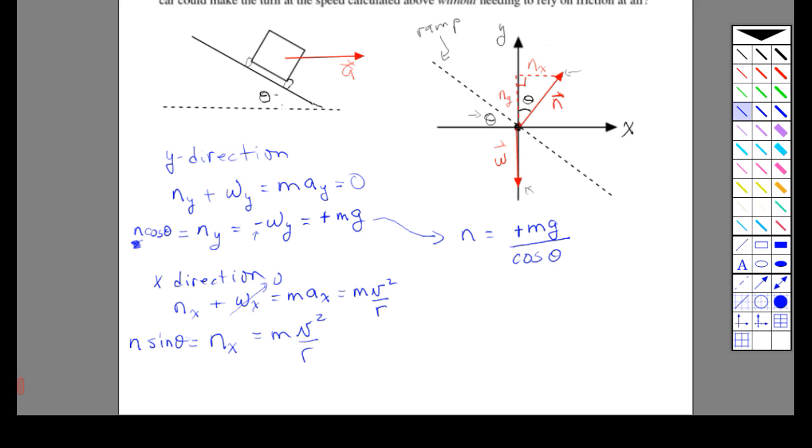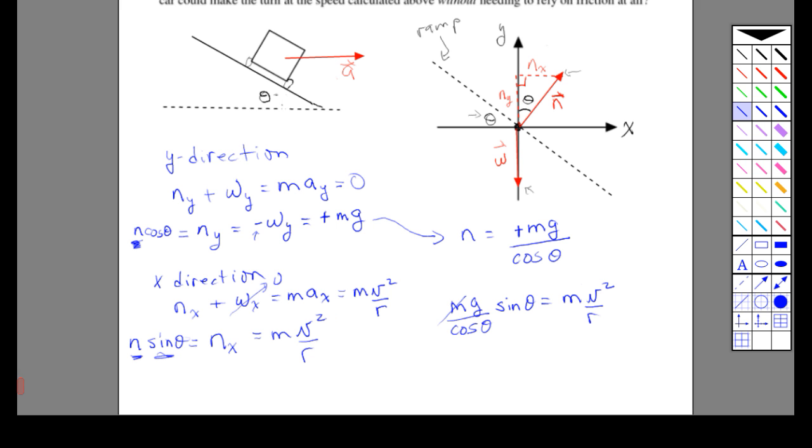Okay, I'm going to take that N and substitute it into this equation over here. So we have mg over cosine theta, and I forgot the sine, so I need to include it here, so times sine theta is equal to mv squared over r.